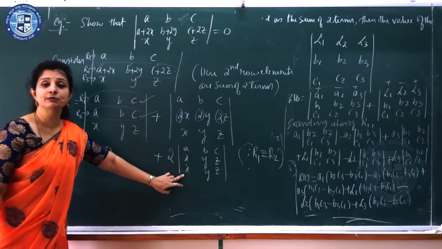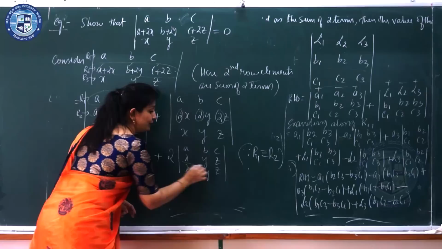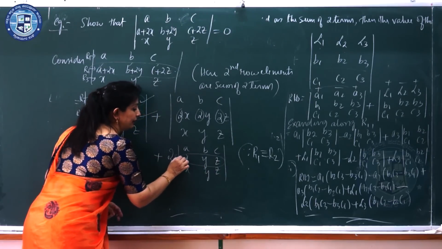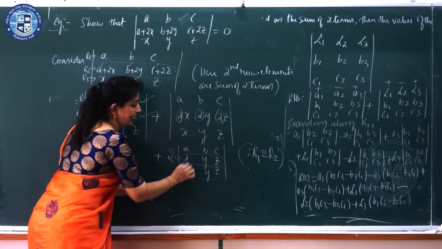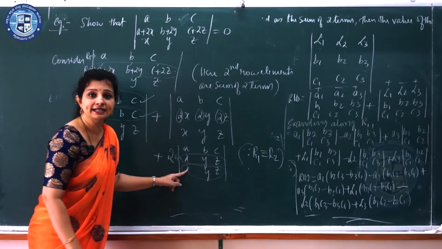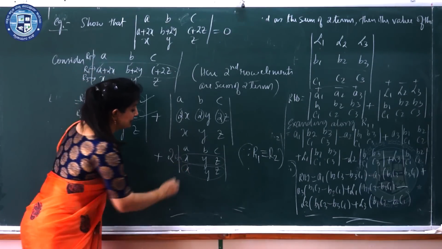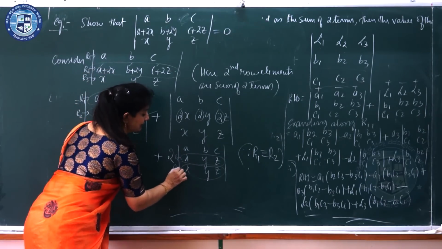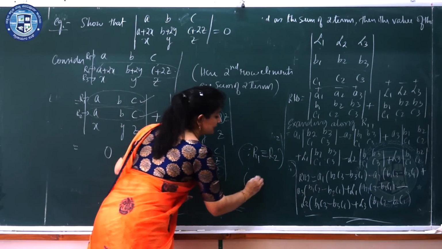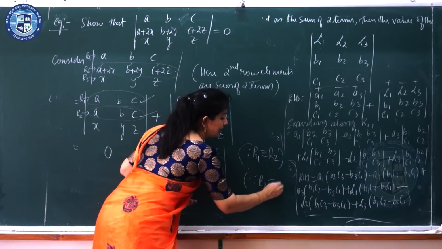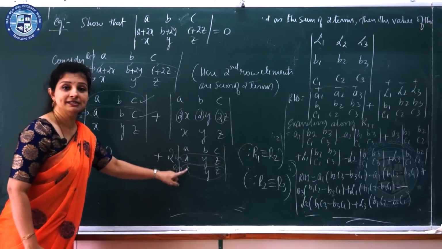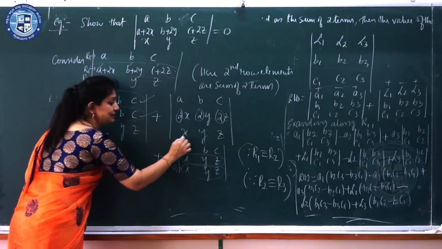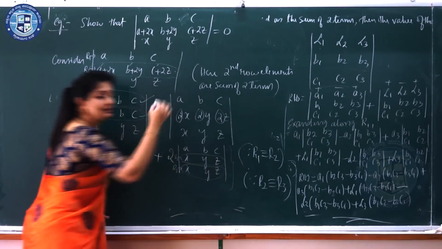Now, observe this determinant, students. Second row R2, the elements are x, y, z. Third row elements are again x, y, z. They are identical. Since R2 is identical to R3, this determinant also turns to 0.